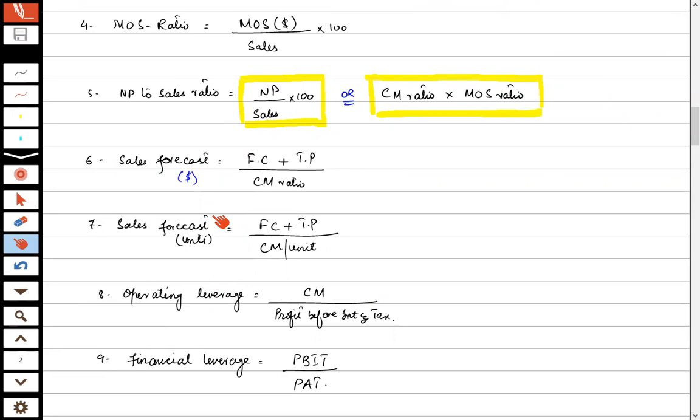And we can also assume a tax rate so that you can also calculate operating leverage. Let me tell you.